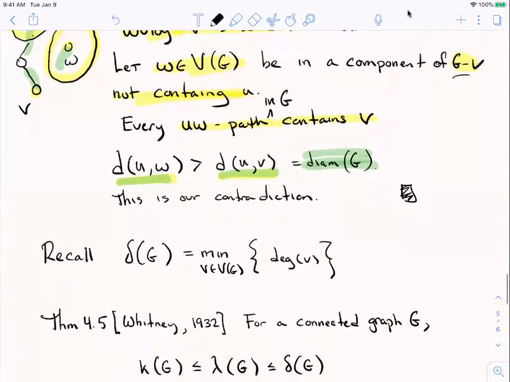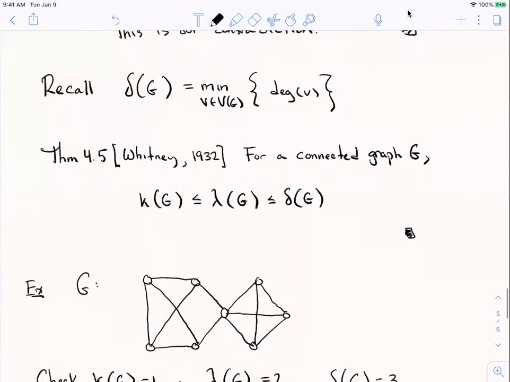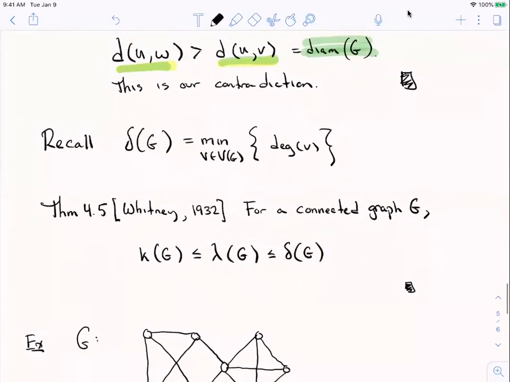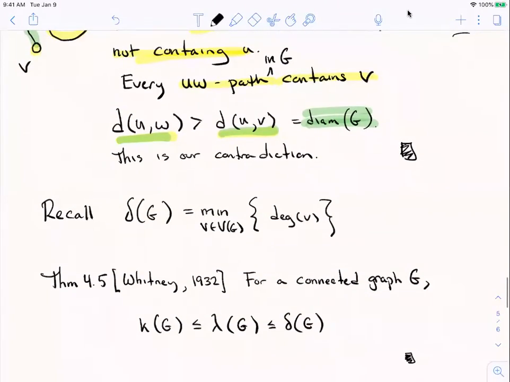And then I'm just going to end by not proving, but stating and illustrating with an example. Let me hide the example a little bit from you. Theorem 4.5, it's a theorem by Whitney, an old theorem. It was proved in 1932. It's got a little piece of notation in it that I haven't said anything about.